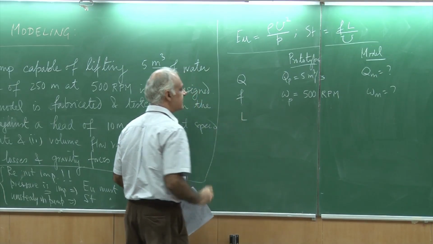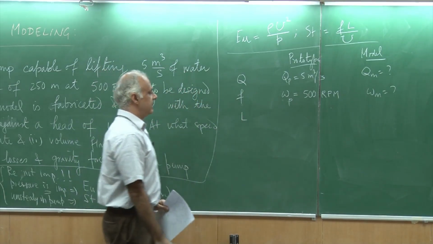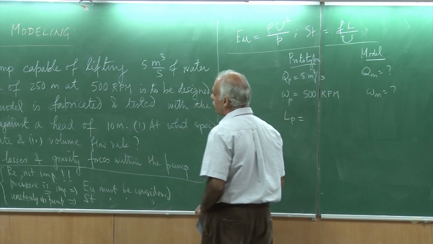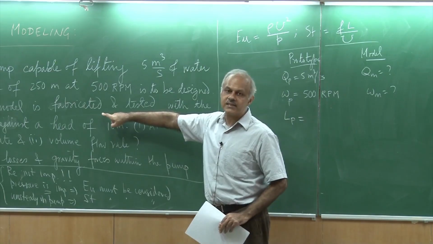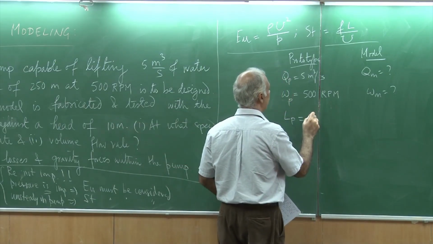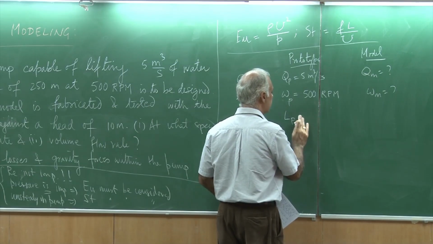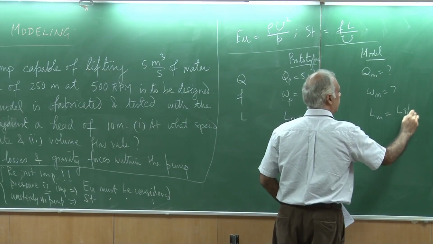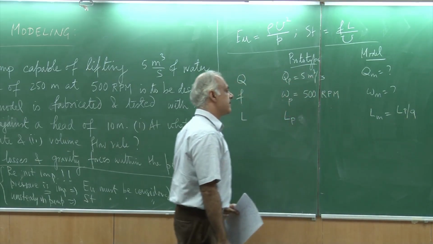Let us talk about the length scale L. The length scale for the prototype is LP, and for the model, since it is a 1/9 scale model, it is LP by 9.